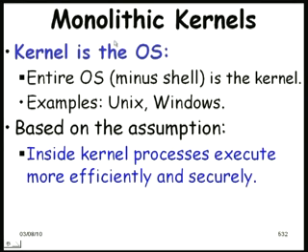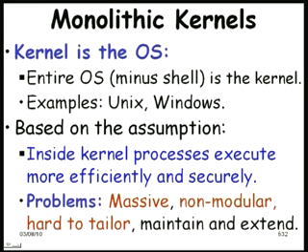The idea behind a monolithic kernel is that the kernel processes execute efficiently and securely once they are in the kernel mode. So, it would be advantageous to keep as many processes and tasks in the kernel mode as long as they are required to do some important tasks. That is the principle that is used here.